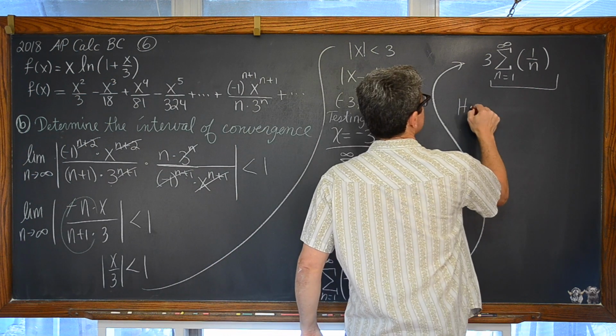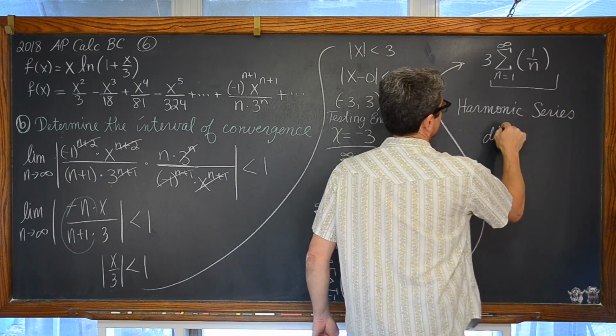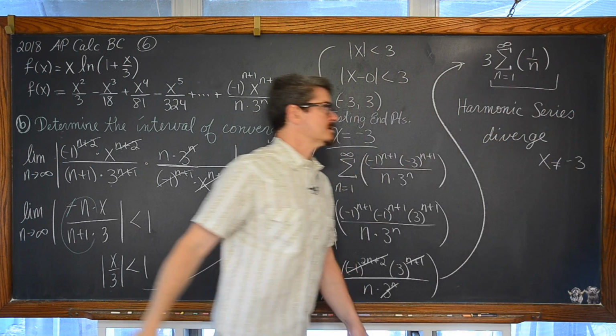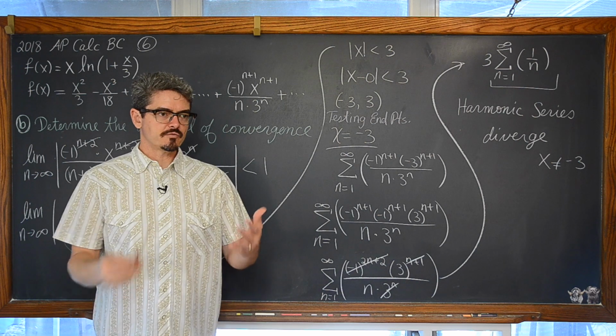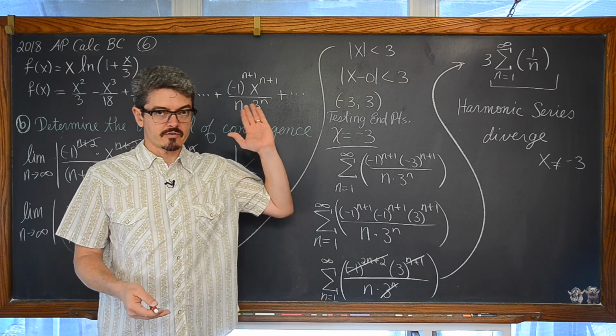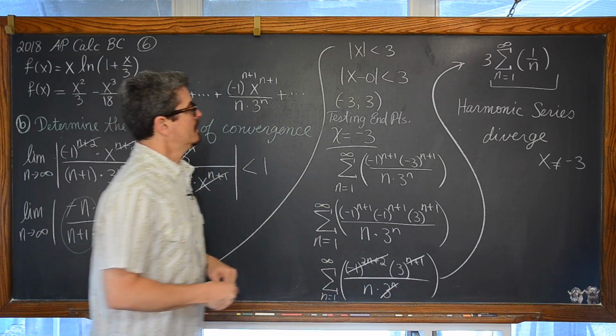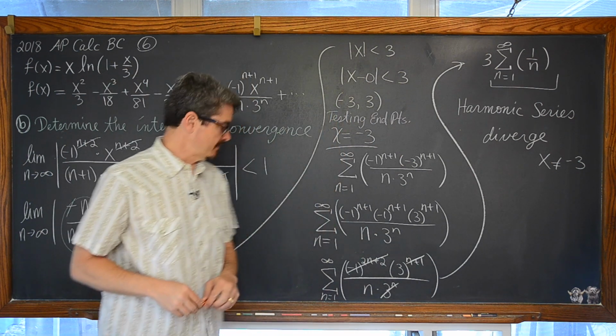So this is harmonic. Give a reason, please. Harmonic series diverge. So for the purpose of finding the interval of convergence, x cannot be equal to -3. Okay, so this parenthesis on the left of -3 is going to stay.